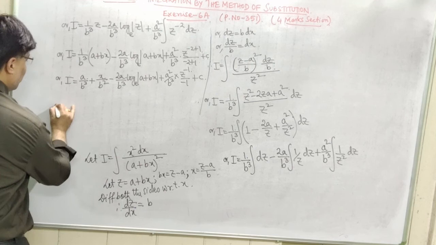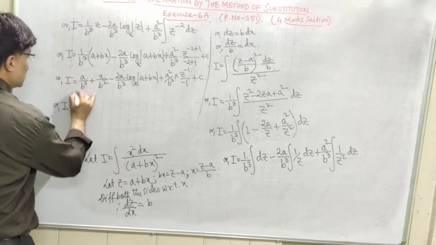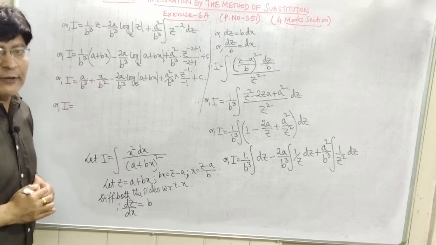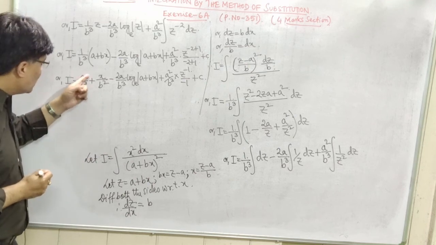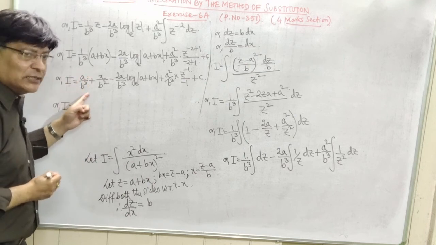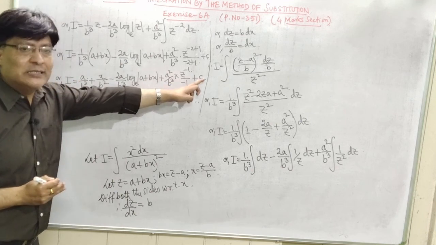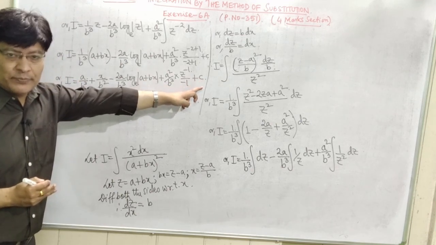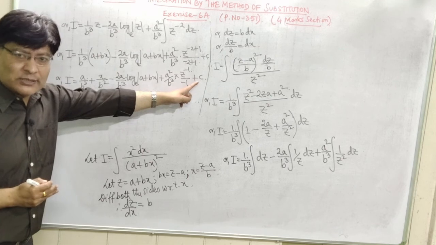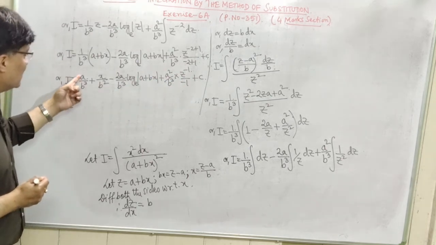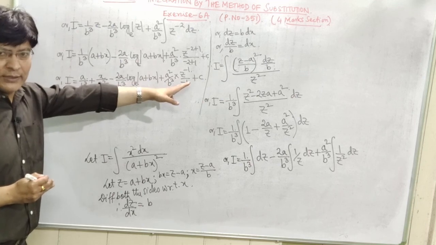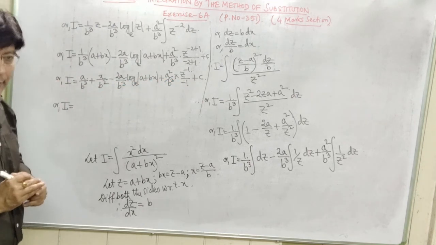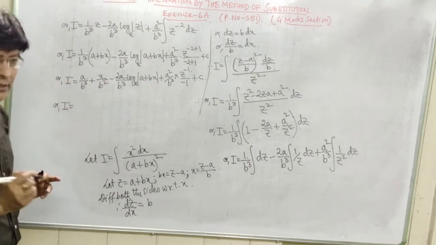Now in this case, this a by b cube is free from x, so it is a constant quantity. So no need of writing this constant quantity here, as we have written c as a constant term here. If c is written as a constant term here, you don't have to write this a by b cube. So it is sufficient to write c only.